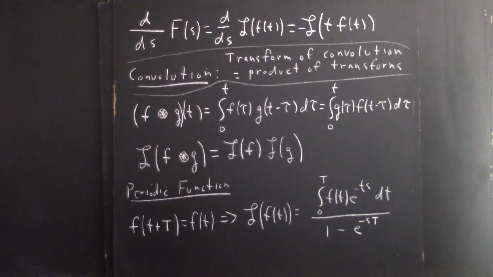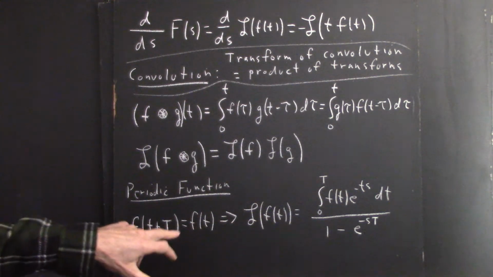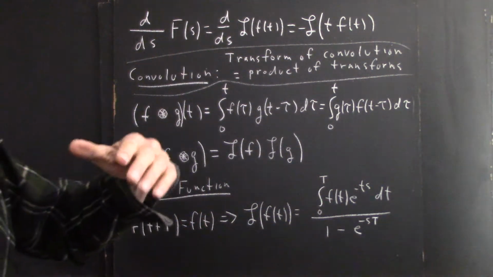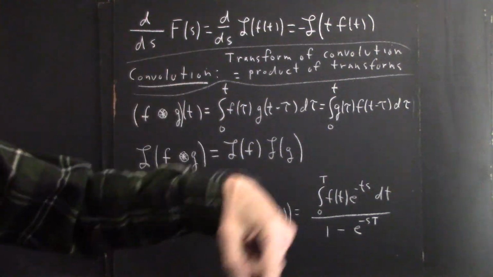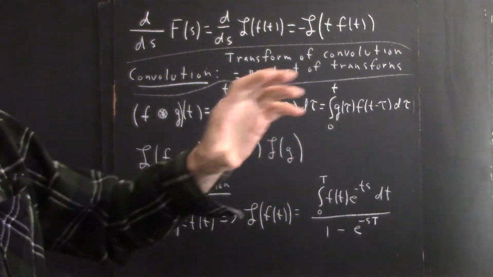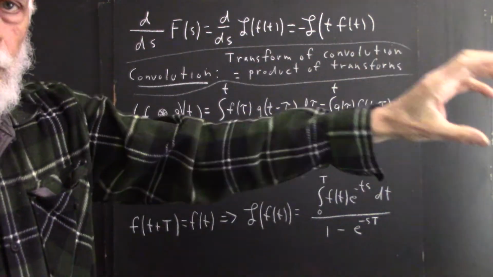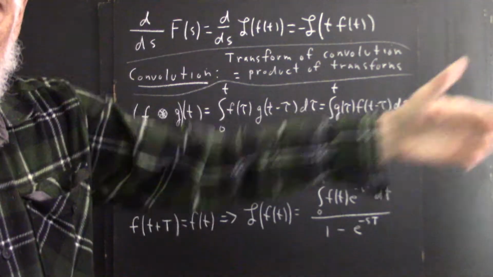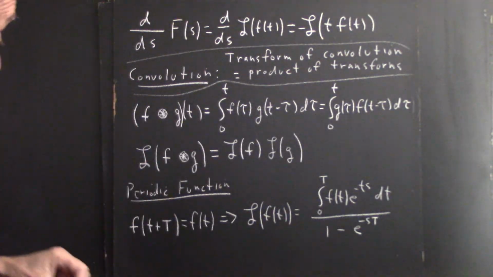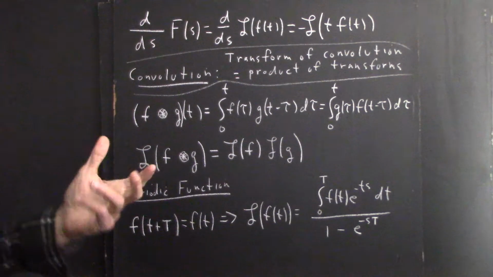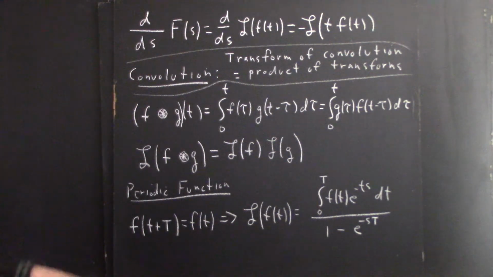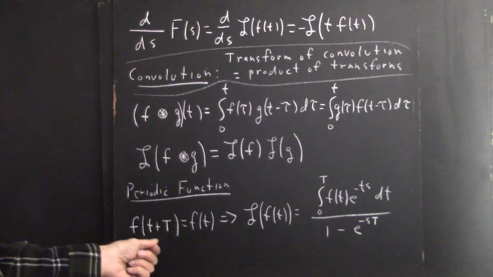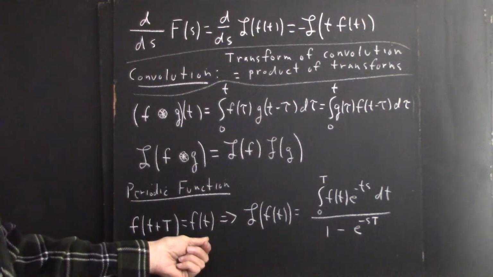Periodic function. A periodic function, well, the sine function is defined from 0 to infinity, and it's periodic. It has a period of 2 pi. That means that in the case of the sine or the cosine function, f of t plus 2 pi equals f of t.